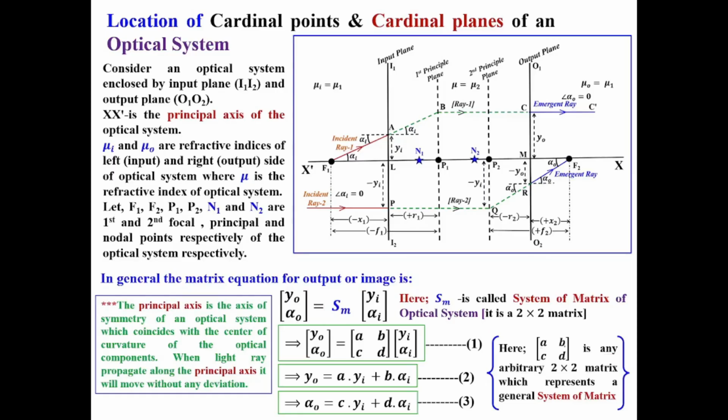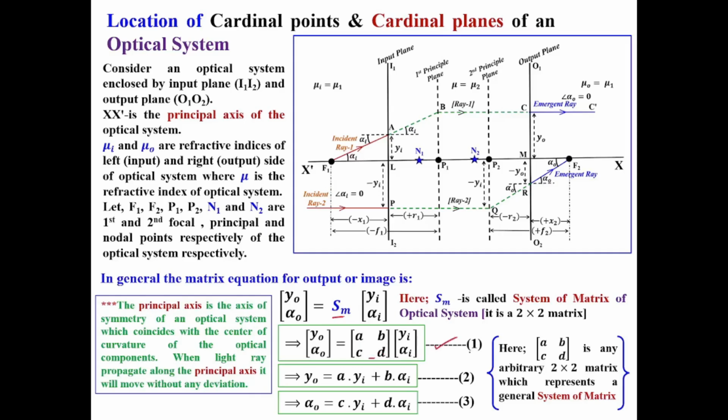Here ABCD is any arbitrary 2 cross 2 matrix we consider, which represents a general system matrix of any optical system. So instead of SM, it is written as ABCD, a general system matrix.